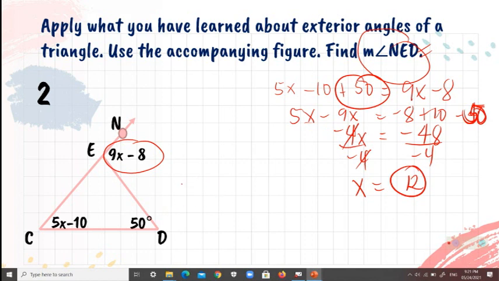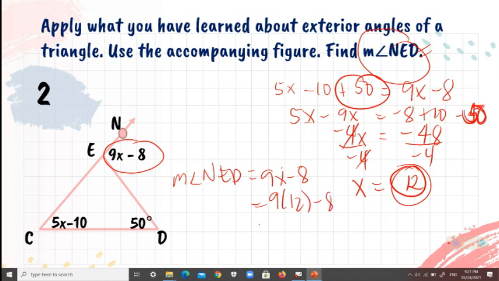So you are going to substitute. So the measure of angle NED is equal to 9x minus 8. So we are going to substitute 12 in place of x. So you will have 9 times 12 minus 8. So 9 times 12 is 108 minus 8. So therefore, we have here 100 degrees as the measure of angle NED.